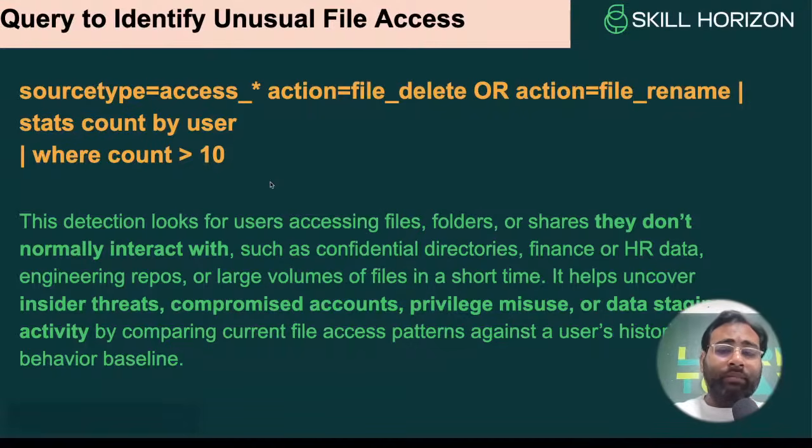That activity will be logged and you can identify it. For example, accessing confidential directories, finance or HR data, engineering repositories, or a large volume of files in a short time. This query will help you uncover compromised accounts, privilege misuse, data staging activities, or insider threats.